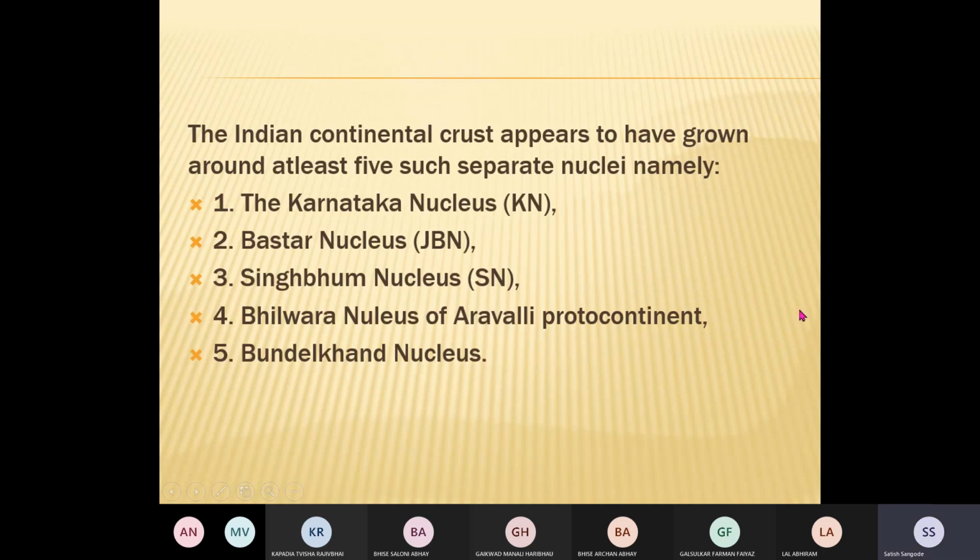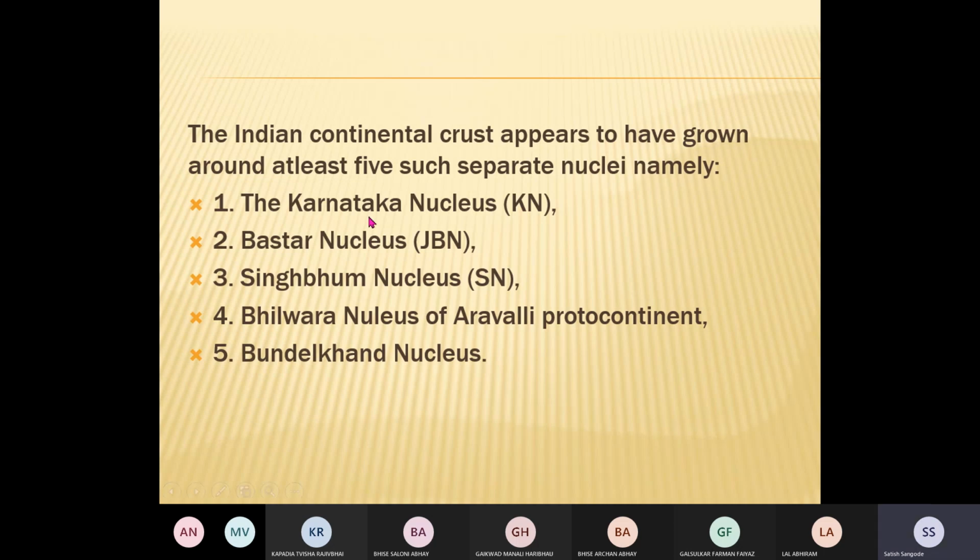So now the earliest part of this protocontinent we can define by a nucleus, a hypothetical region around which the crustal mass has grown. Nucleus means not that something is developing from the nucleus, but the oldest part of that craton. Oldest part we can define by rocks as well as dating of these rocks.